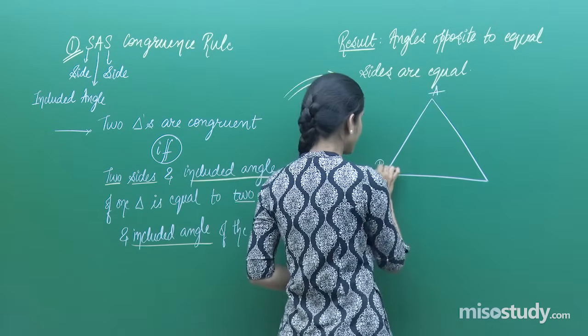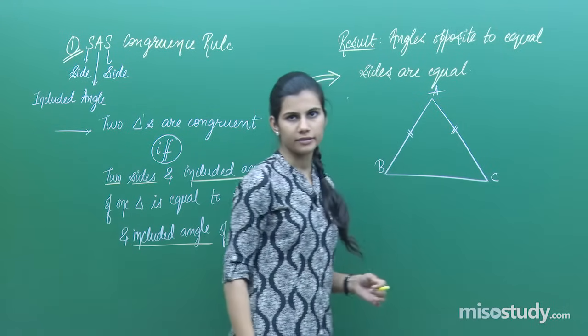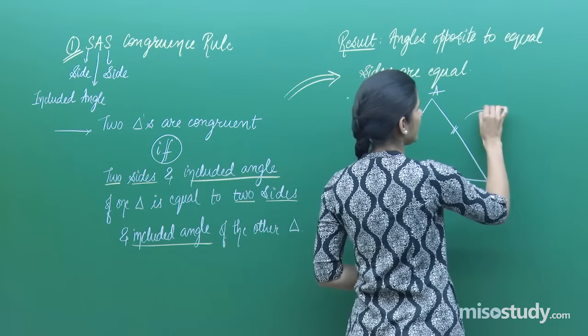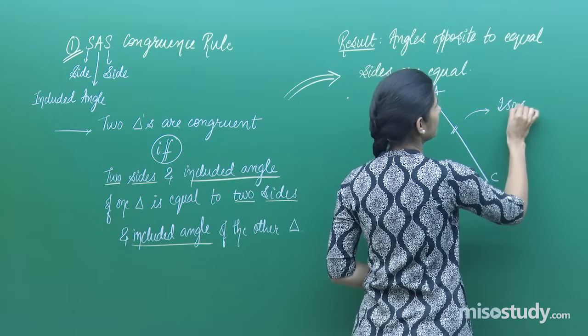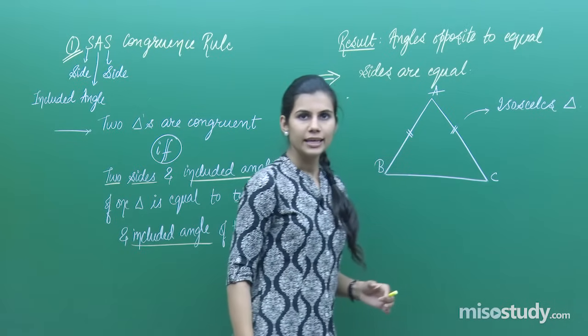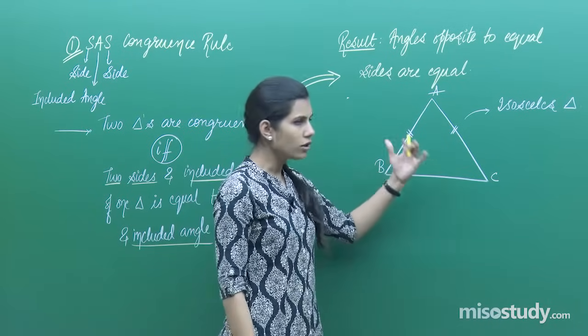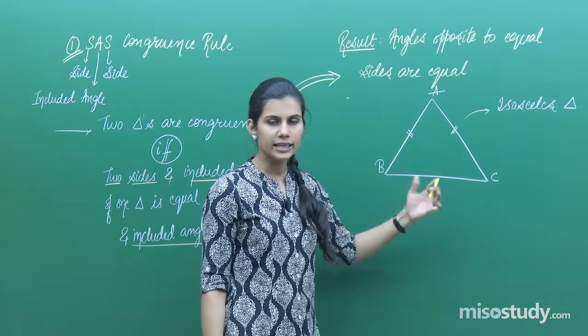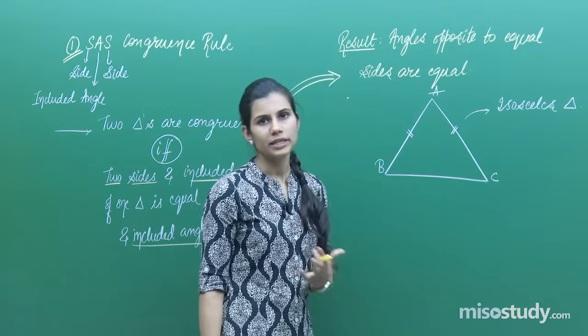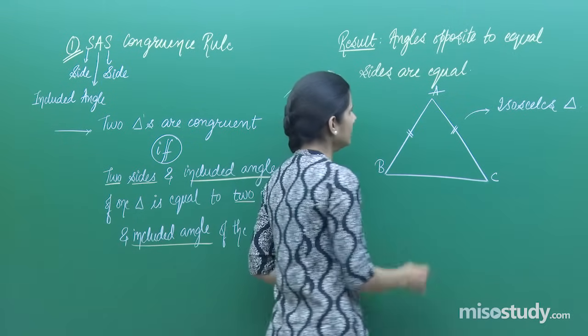Say this is my triangle ABC. These two sides are of same length. Basically, this is an isosceles triangle, right? A triangle in which two sides are of same length is said to be isosceles. All 3 of different lengths is said to be scalene. All 3 of same lengths is said to be equilateral. So right now I am talking about an isosceles triangle.